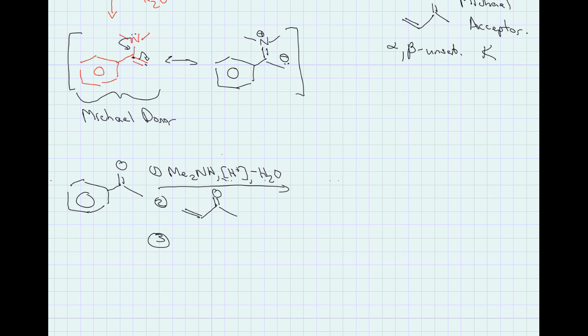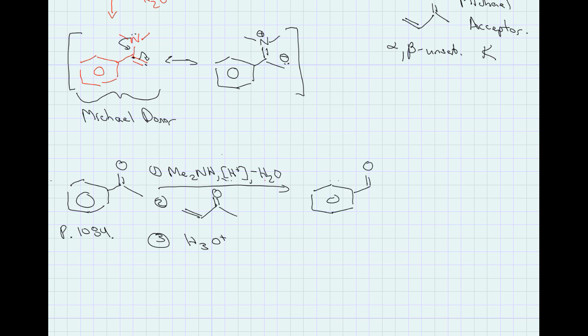You can find more information about that on page 1084 in Klein, where he goes into detail about the doubly charged species that contains an iminium ion and an enolate ion. And then when you treat it with aqueous acid, you hydrolyze your iminium back to a ketone, and you convert the enolate into an enol, which tautomerizes to give your ketone. So you end up with your final product like this.